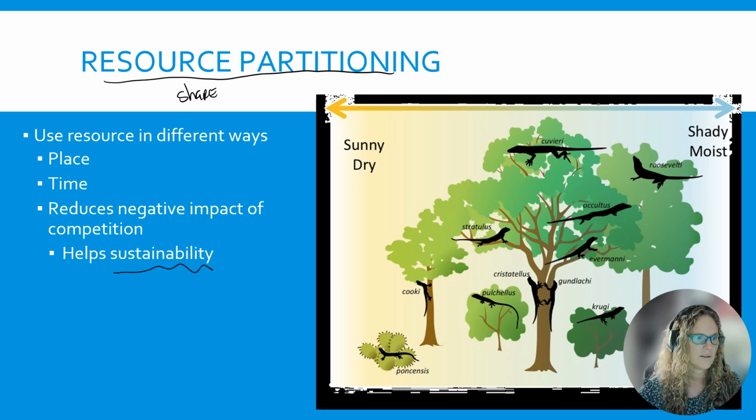So again, they could share by where they use the resource. They could share by when they use the resource, and it helps to lessen the competition if they're not competing for the same thing at the same time. And that is something humans should learn from nature too.